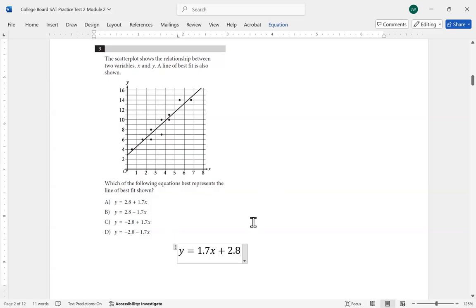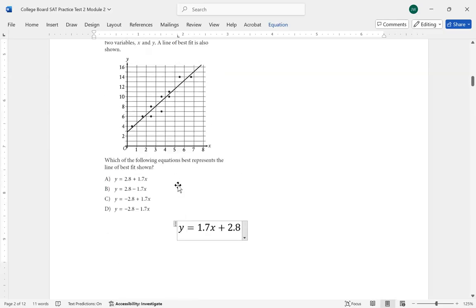It doesn't matter which order you write the 1.7x plus 2.8, like in question 3, the option that we're given is y equals 2.8 plus 1.7x. So A is the correct answer for question number 3.